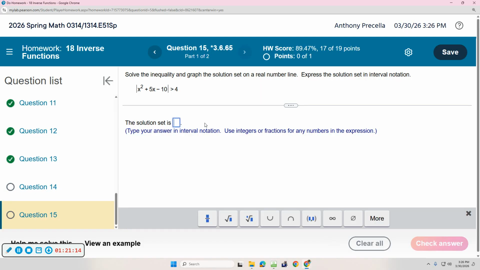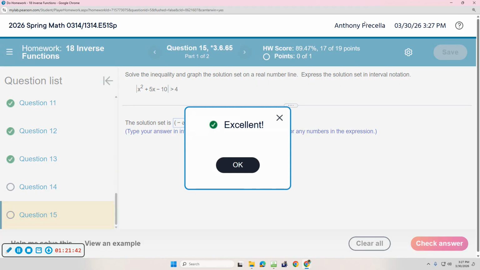Type it all in: parentheses, negative infinity, comma, negative 7, right parenthesis, union, negative 6 to 1, union, 2 to infinity.